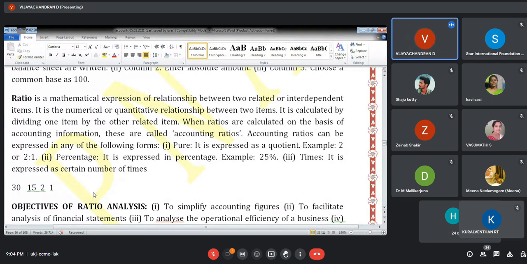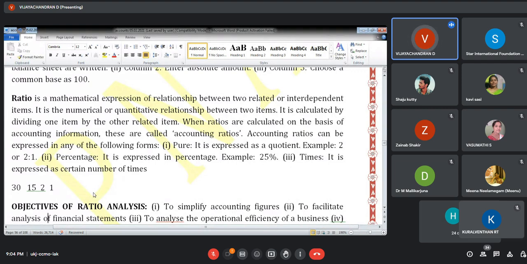Profitability is always expressed in the form of percentage. Kindly note, it will be expressed as a percentage. Turnover ratio is expressed in the form of times, number of times. Suppose I'm asking the working capital turnover ratio, you should say 30 times, 10 times, like that. Your answer will be in the form of times.